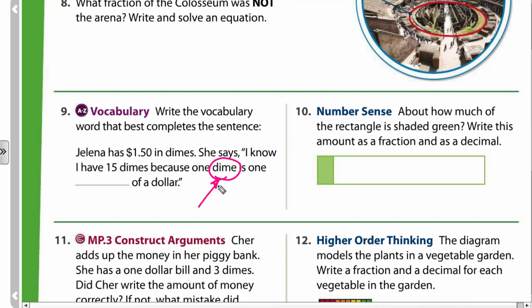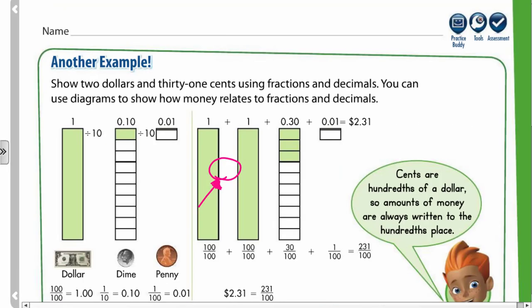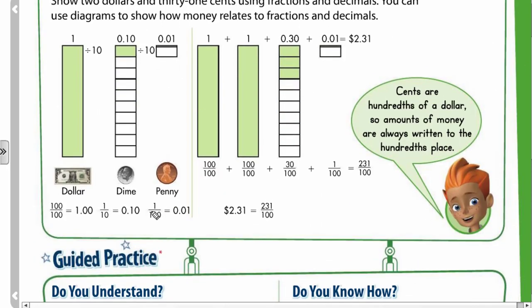Do you know what this is? What is it? Let's go back to the previous page to see. Okay, we have here the dime.